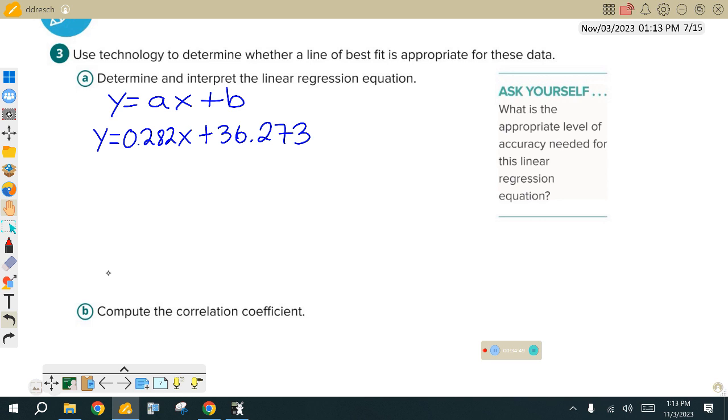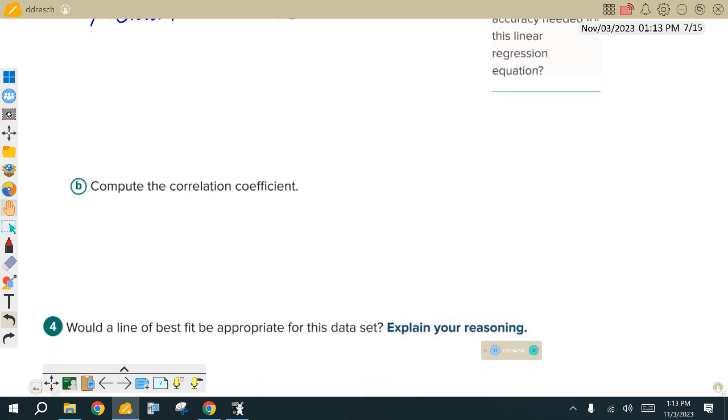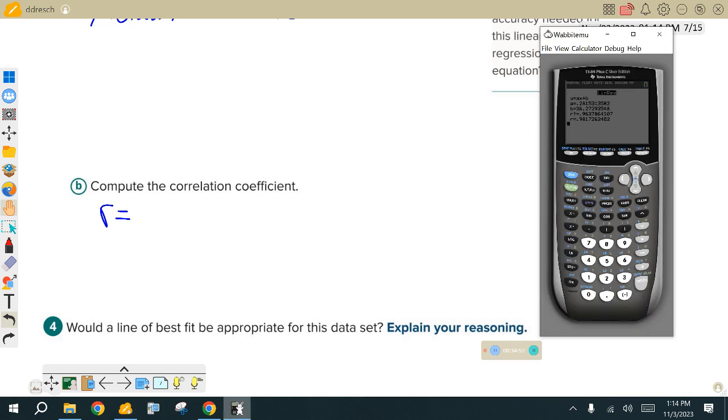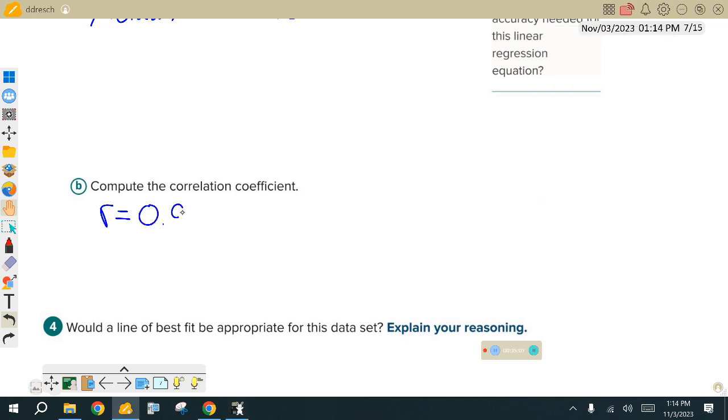Okay? Now, right here, when we say the word correlation coefficient, that is what we mean by the R value. Okay? So what is the R value here? If you could scratch out R squared, scratch it out, but ignore it. 3 decimals, 0.982. We're going 3 decimals, people. Okay? 3 decimals, 0.982.